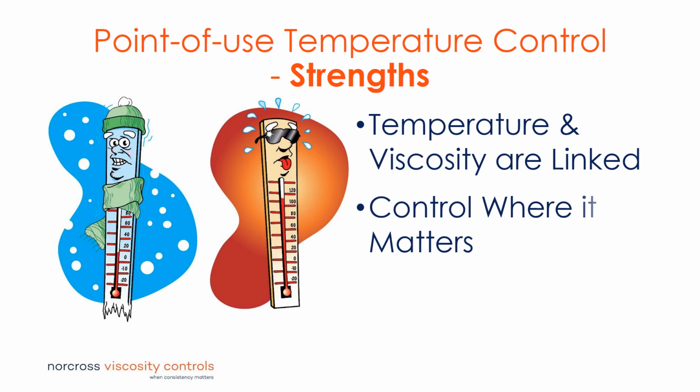It also provides control where it matters. Because the viscosity is being managed by controlling temperature just as the ink is being applied, this is where accurate viscosity is the most important. And it's cost-effective, because less temperature control equipment is required to control the ink temperature at the point of use. It is often the most cost-effective solution.